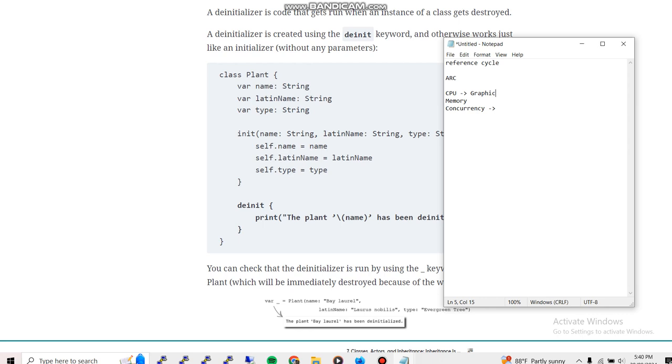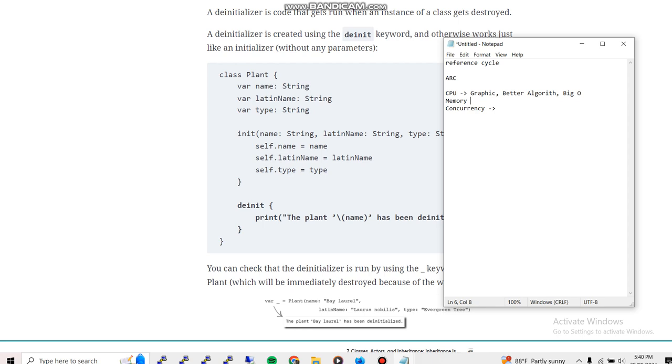If we have an issue with the CPU, we also look at our algorithm. We have to implement better algorithms, right? Or more efficient ones, like Big O notation, and something like that.